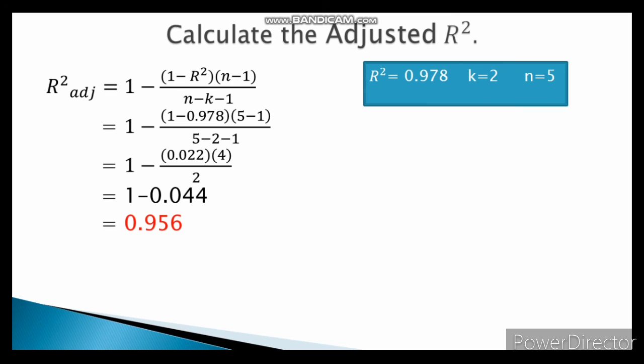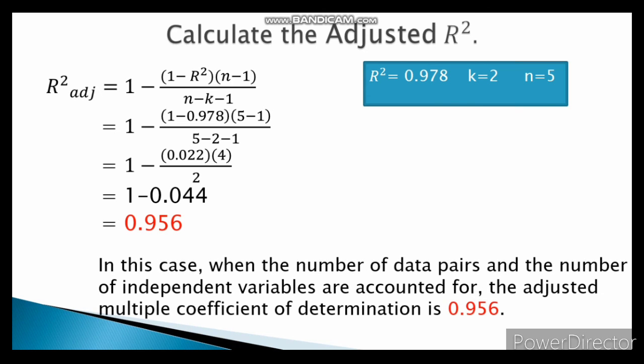Kaya magiging sagot natin sa adjusted R square is equal to 0.956. In this case, when the number of data pairs and the number of independent variables are accounted for, the adjusted multiple coefficient of determination is 0.956.